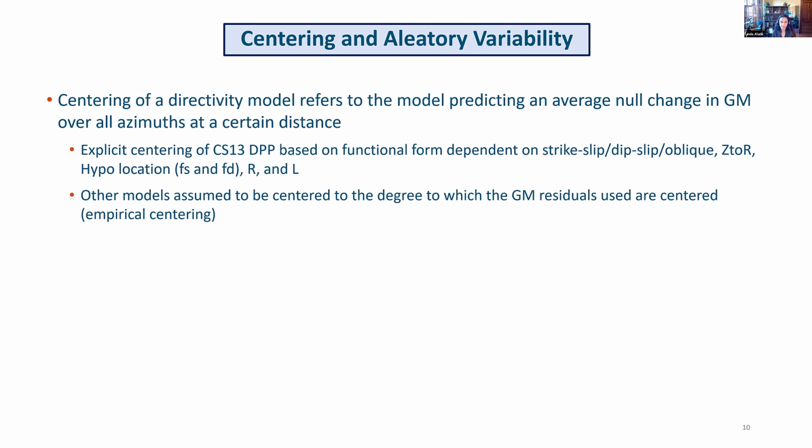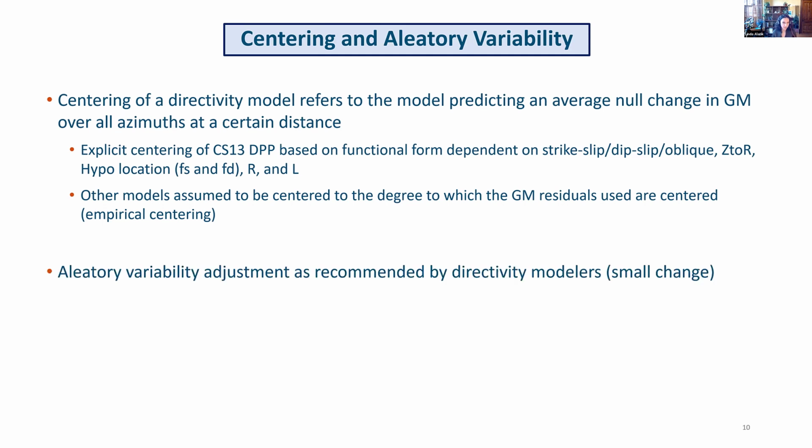So this is explicitly centered using a simplified functional form in order to not make the calculations very difficult. The other models, we use them as they are, and we assume that they are centered to the degree to which the ground motion residuals that were used in the model's development are centered. And this is referred to as empirical centering.